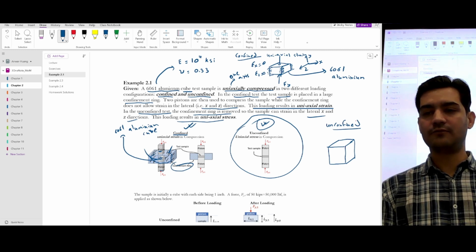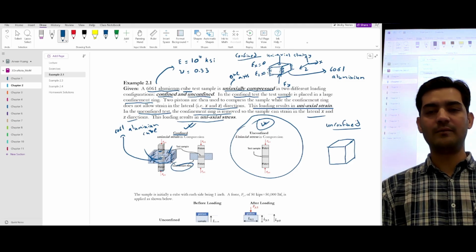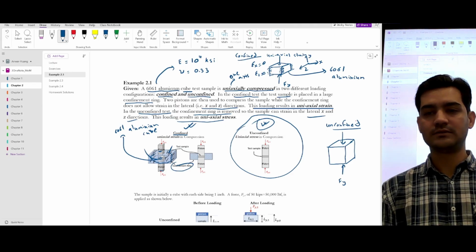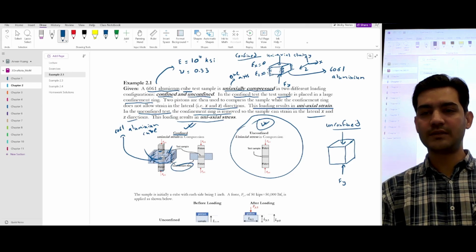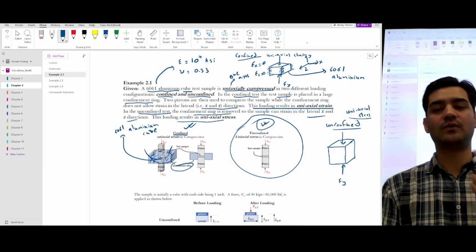So in unconfined, you have no confinement ring. So the force Fy will be applied. And this type of setup is called uniaxial stress, because there is stress in one direction.